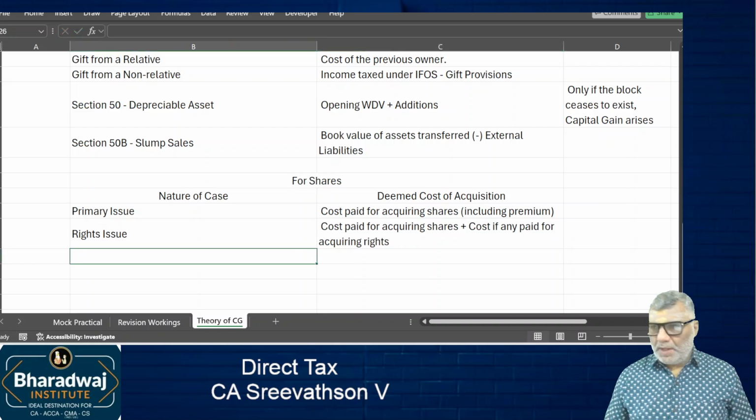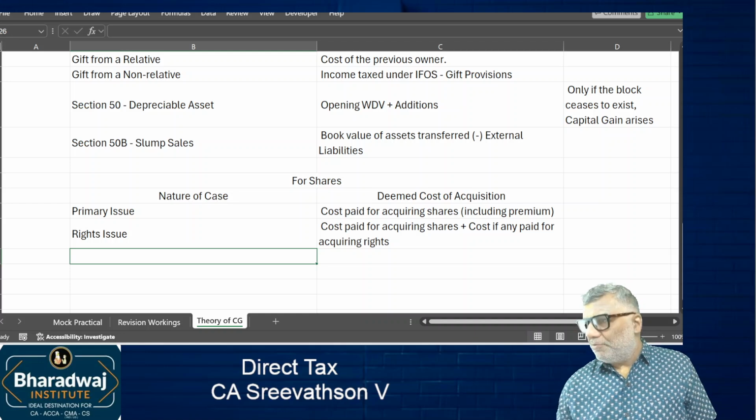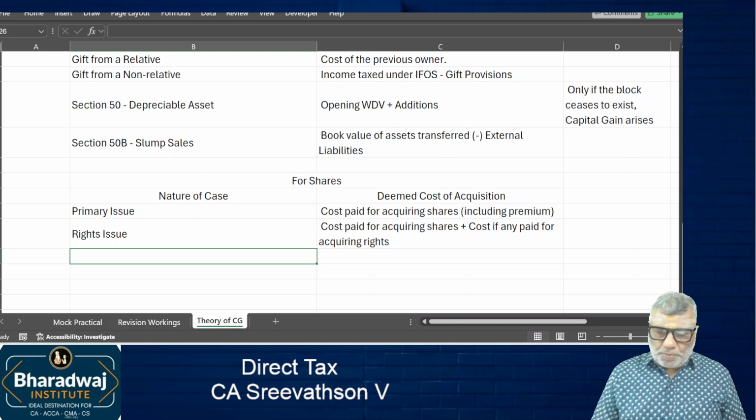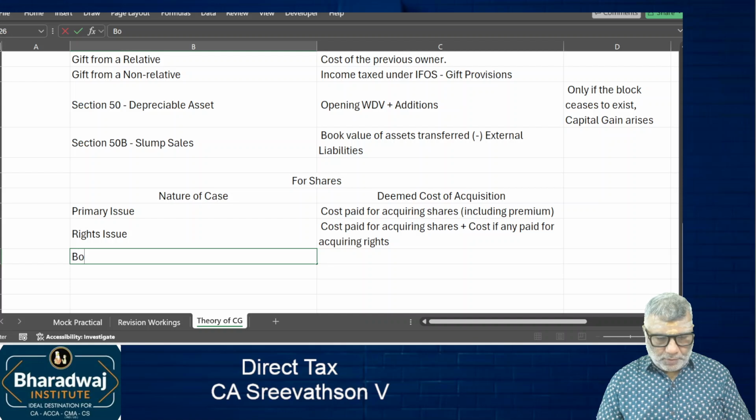That is, I pay for the right first, get the right, and then subscribe for the shares. Cost paid for acquiring shares plus cost paid for acquiring rights.